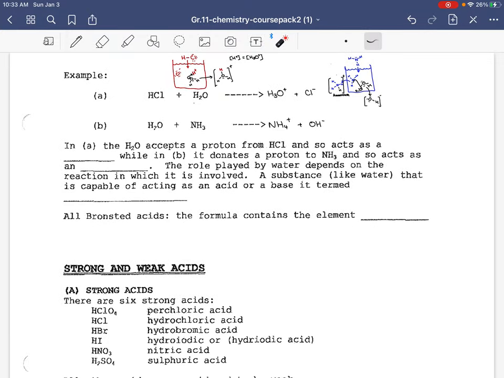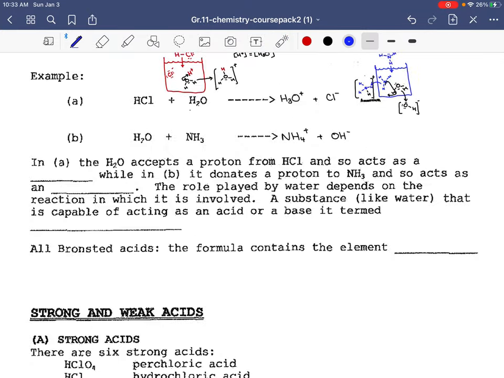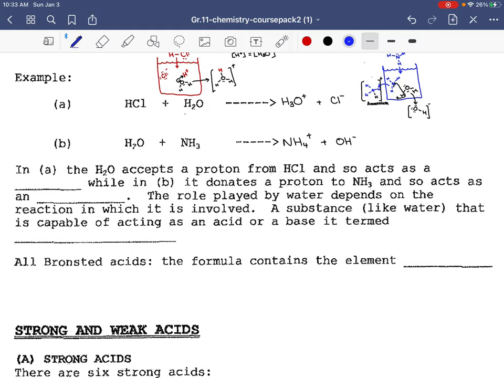All right, let's fill in those words. So in reaction A right here, H2O accepted a proton from HCl. Water is accepting the proton from HCl. So if you think about it, water is playing a certain role. Let's take a look at water for a sec before we fill in these empty words, because you can see that water appeared in 2 places, right there and right there.